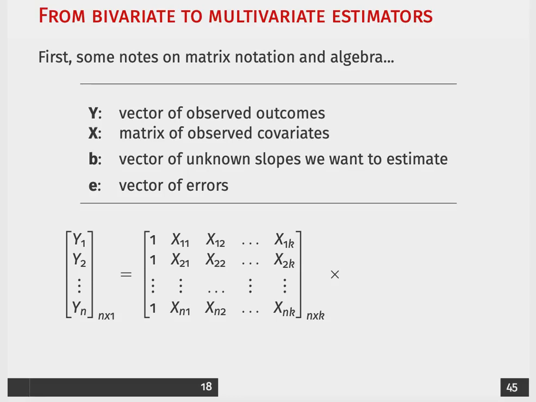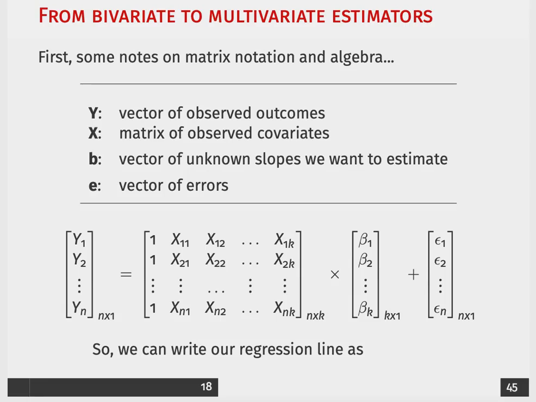And this is going to have n rows, the number of observations that we have. Since we have k covariates, we're trying to estimate k coefficients. Finally, we have the residuals or errors for each observation through n.